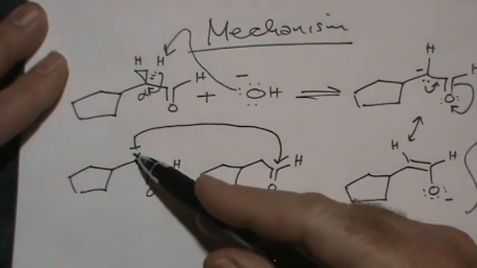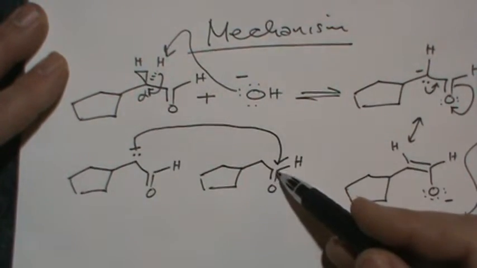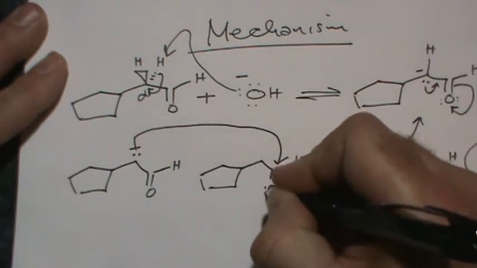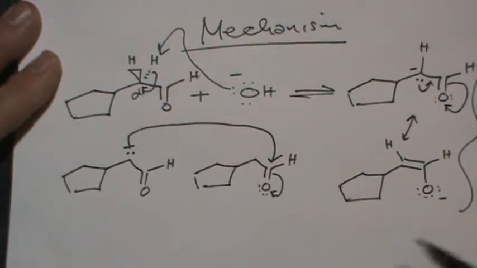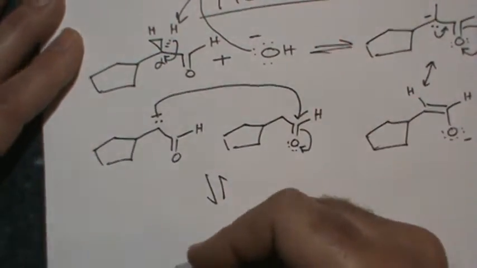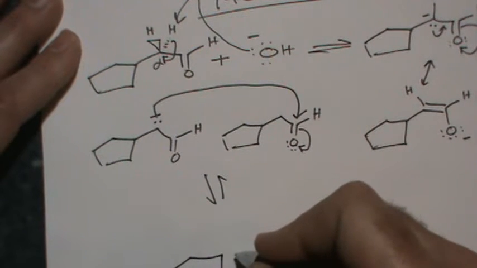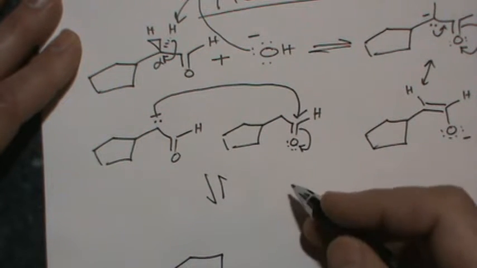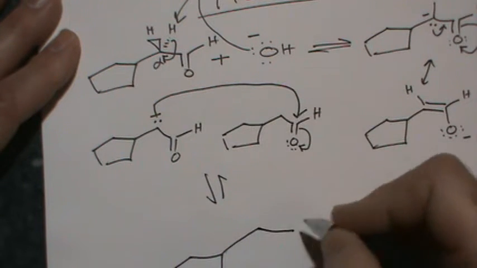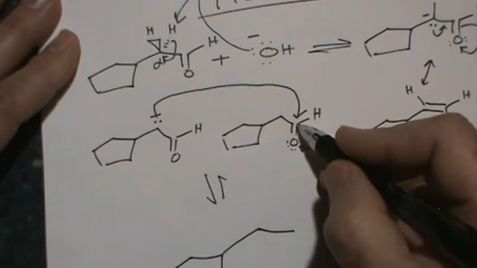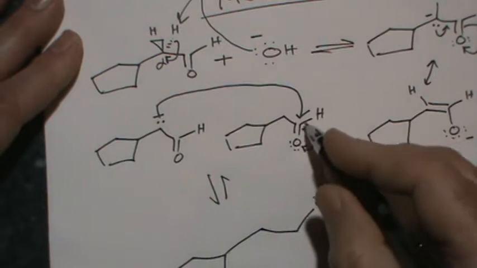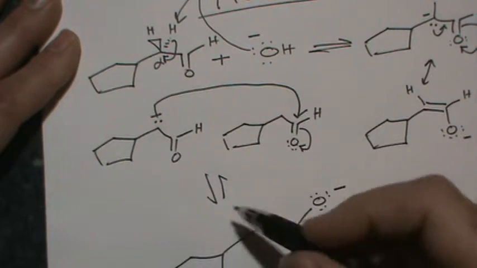This is nothing more than any other nucleophile attacking an electrophilic carbon of an aldehyde. There's already two lone pairs on that oxygen, but when these pi electrons kick up there will be three. So I'm now going to start with this structure over here, and when the nucleophilic carbon comes in and attacks, that's going to produce an O-. I'm not going to draw that bond to hydrogen any longer.